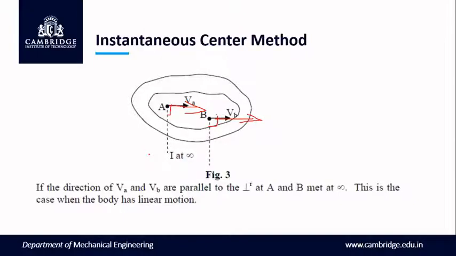So, when a body is having linear motion, its instantaneous center will be at infinity. That is what we can understand from this slide.